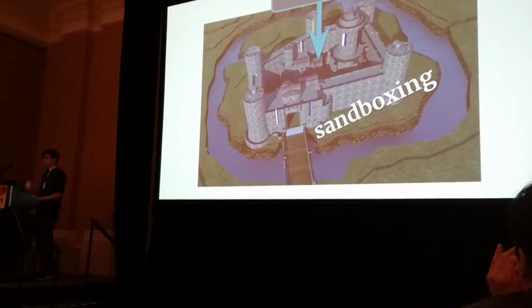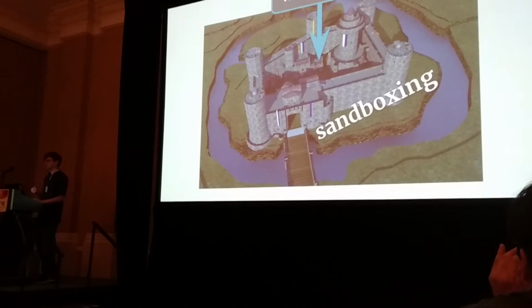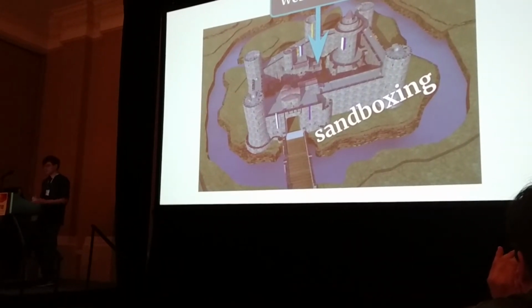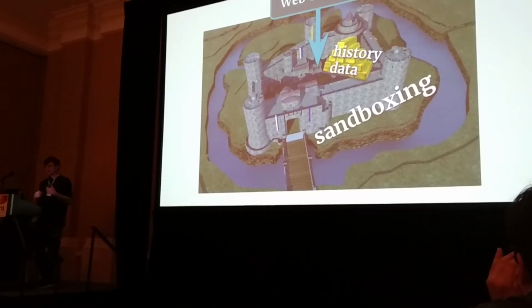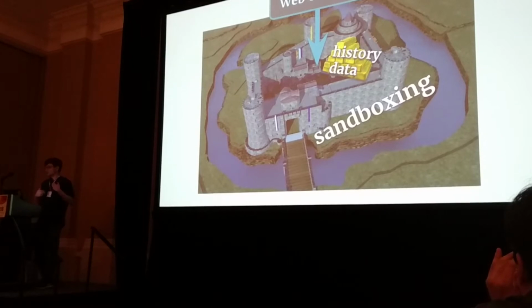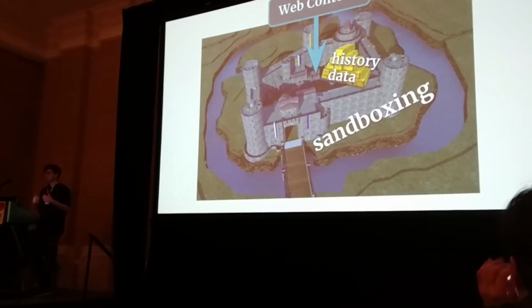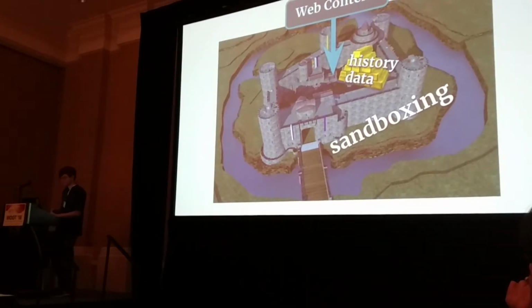This is a pretty robust defense generally, but an attacker doesn't necessarily need to breach this sandbox in order to do harm. Because web content is not the only thing trapped inside that impressive fortress that browsers have built here. They've also just left this perfectly good stack of gold bars in the form of history data, just sitting around unprotected, where malicious content can make off with it without having to traverse any sandbox boundaries at all.